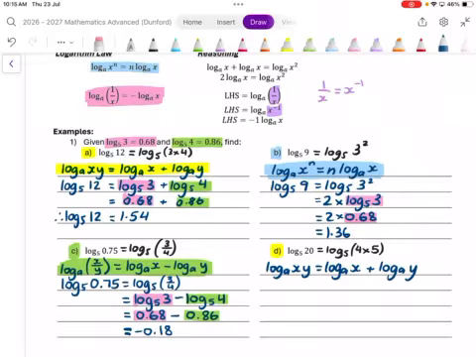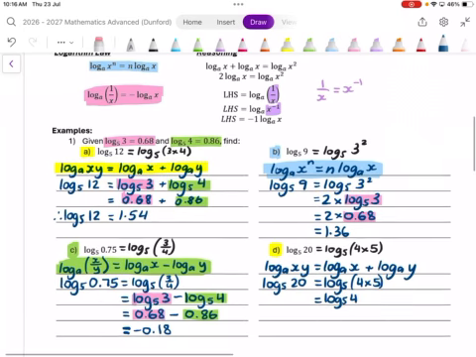What we then need to do is we have log base 5 of 20 is equal to log base 5 of 4 times 5. So we will have log base 5 of 4 plus log base 5 of 5.